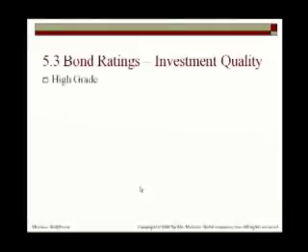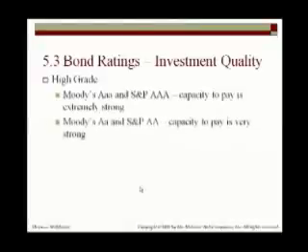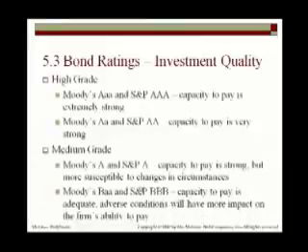Bonds are rated generally high grade, AAA, means the capacity to pay is extremely strong, the balance sheet is strong, the company has plenty of assets, plenty of cash flow. AA, capacity to pay is still very strong. And then medium grade, rated A or BAA, or in the case of Standard & Poor's BBB, the capacity to pay is adequate but not outstanding.